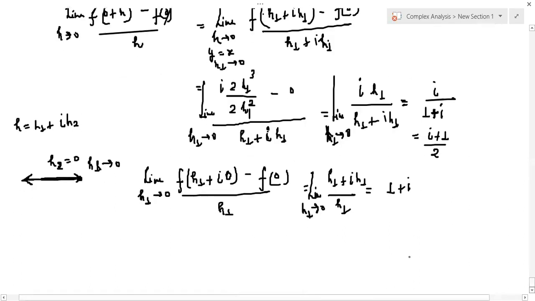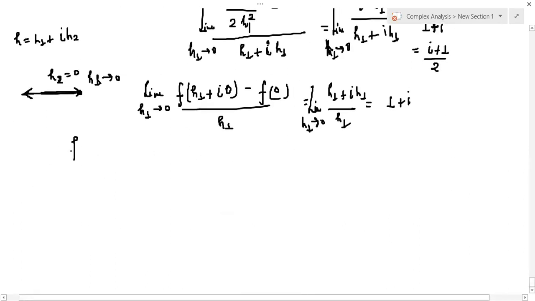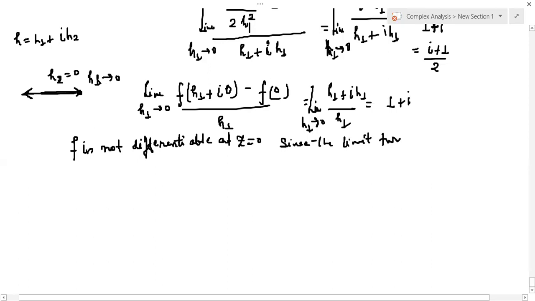So clearly, the function is non-differentiable at z equal to 0, because we have taken two different paths and we are getting two different limits. The limit turns out to be path dependent.